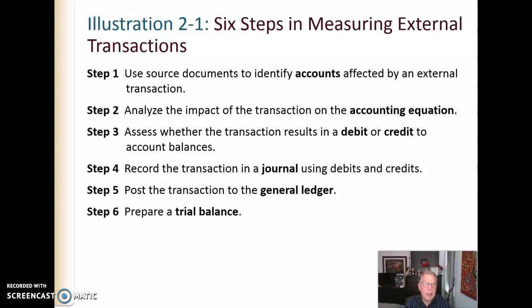Then we're going to assess how that affects the accounting equation. Then we'll determine what the debits and credits are going to do, and we'll record that in a journal entry using those debits and credits. We'll post those journals to the general ledger, and eventually then at the end of the period prepare a trial balance.